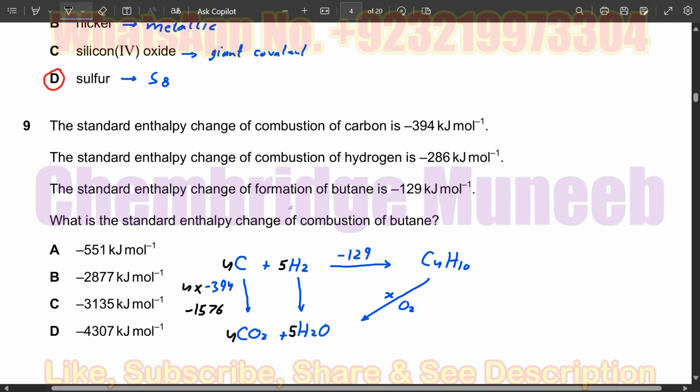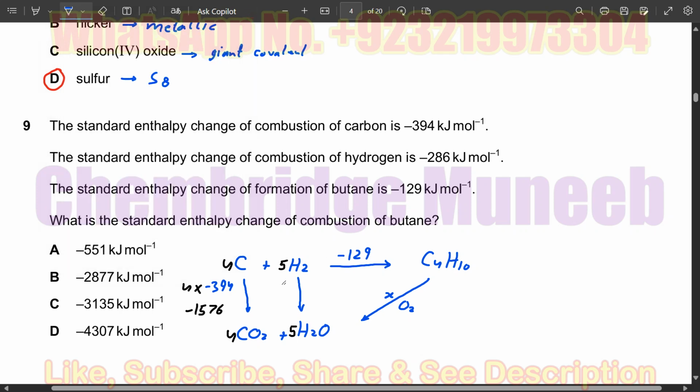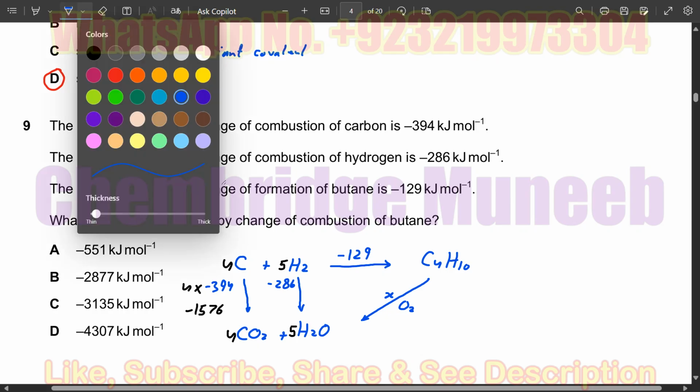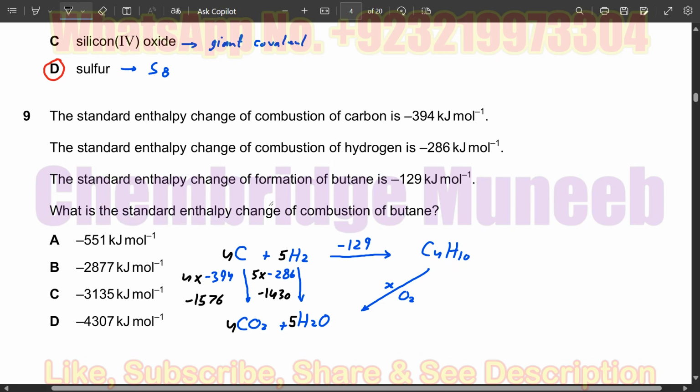And for hydrogen, the value for 1 mole of hydrogen combustion is given as minus 286, but it shall be multiplied by 5. So 5 times this will give minus 1430.